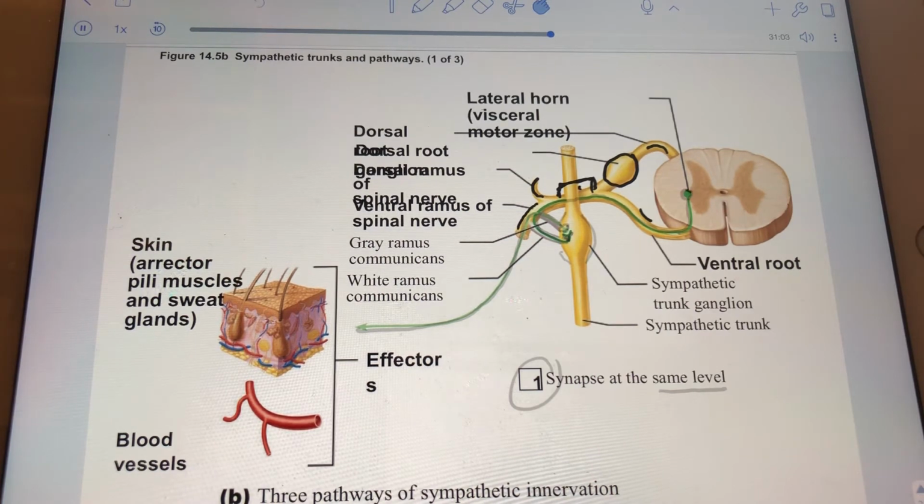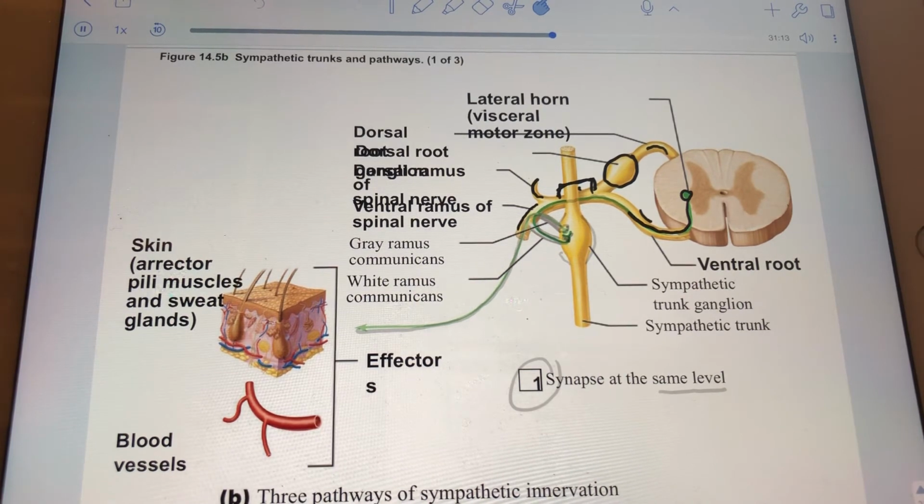Okay. Here's the cell body, not surprisingly in a lateral horn, okay, of our preganglionic neuron passing through the ventral root, which makes sense because it's motor, okay, passing through the spinal nerve, okay, and then passing through the white ramus communicans.